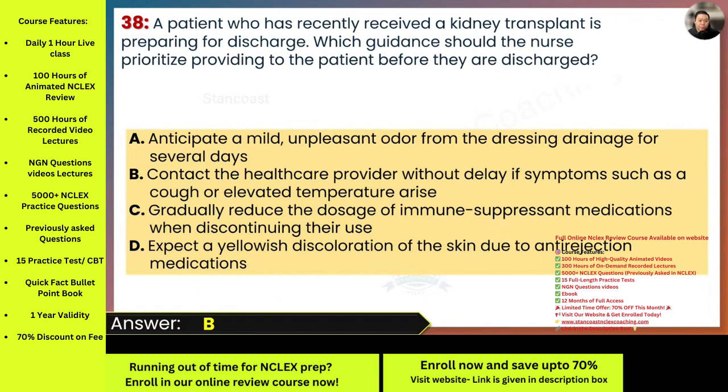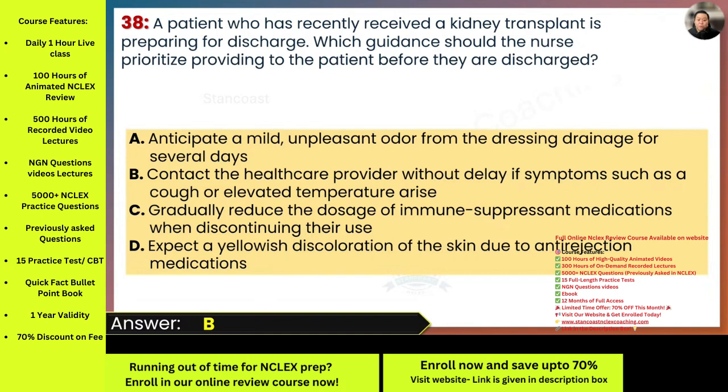And we have letter C, which says gradually reduce the dosage of immune suppressant medications when discontinuing their use. Well, this is incorrect because the immune suppressant medications are usually required for life to prevent rejection of the transplant.